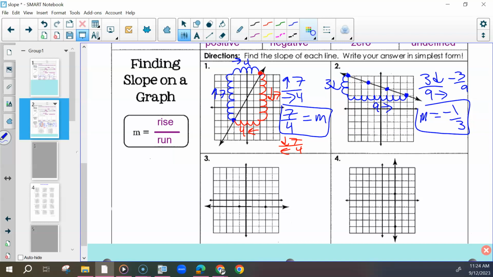Right. You could do it the other way as well. So we'll do that for this one, but we won't do that for every single one. So let's say I just was looking at these two and I went up 1 and to the left 3.